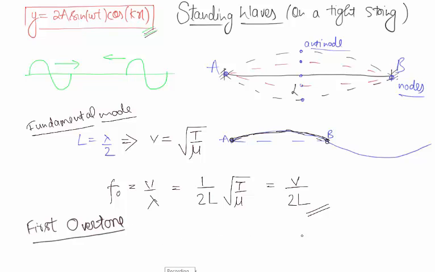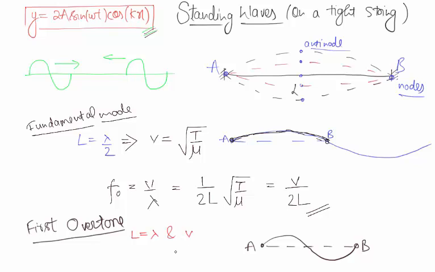The first overtone is the mode in which we create more loops between point A and B. This is point A, that is point B. Now I can see that I have made two loops between A and B. In this situation, it is very clear that the length of the string is equal to the wavelength lambda, and the velocity remains unchanged because I am not changing the tension of the string right now.